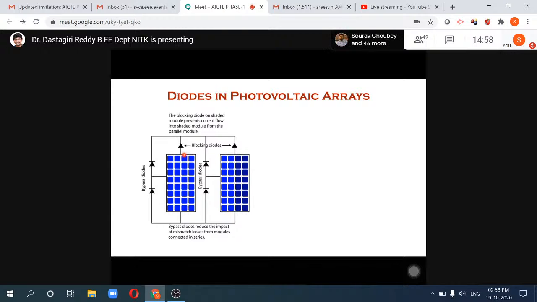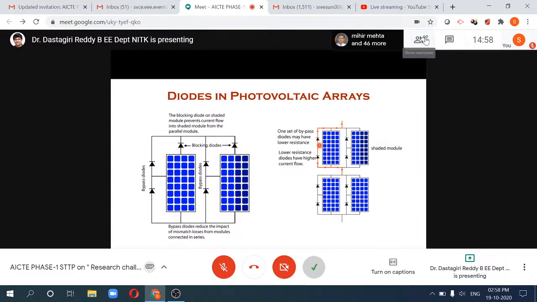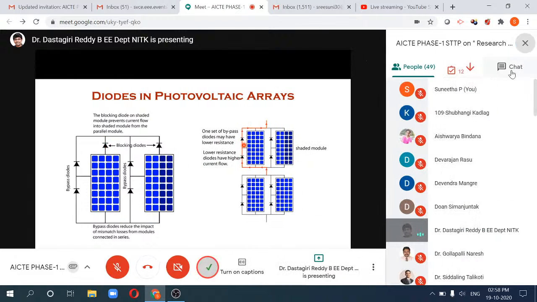Whenever there is a blocking diode, with a cell voltage of around 0.5 volt adding up together, you are reducing some voltage because of the diode. So either you have to go for a very good diode, which will be super expensive, so that you won't get a drop in the panel voltage. If any one cell has an issue, then you would bypass the entire panel. That is what happens in most of the cases.